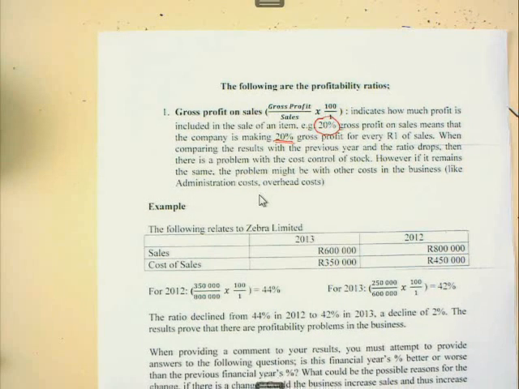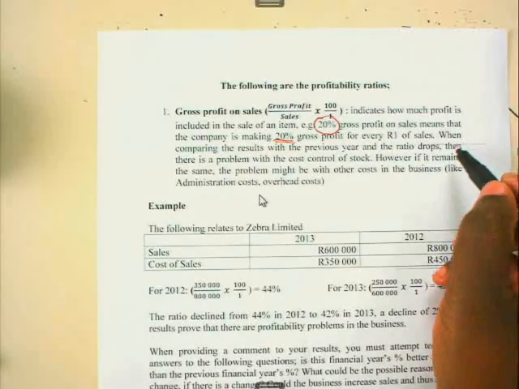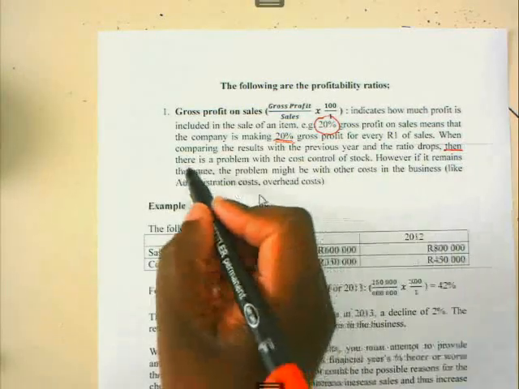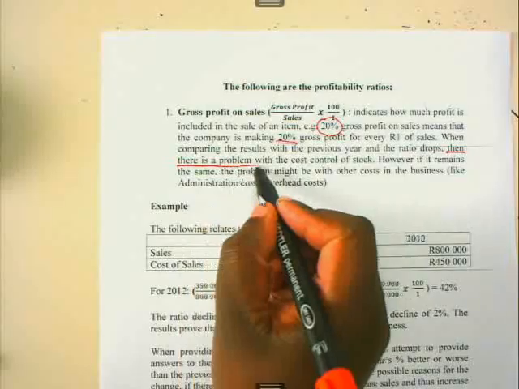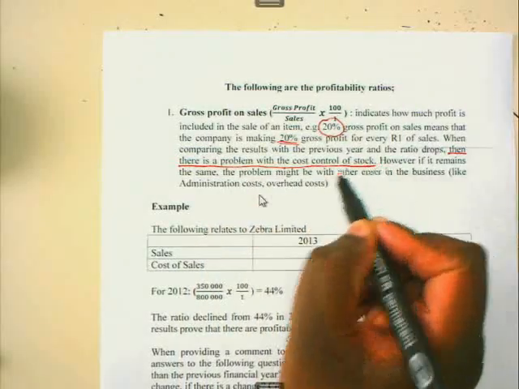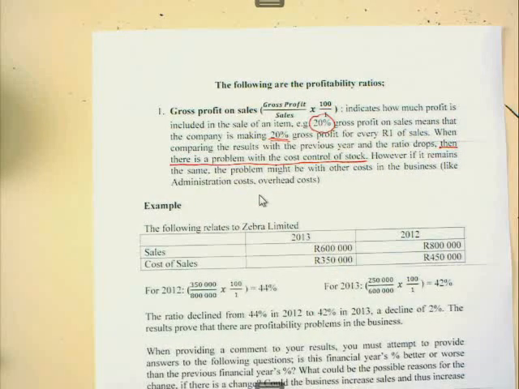When you compare the results with the previous year's results, and the ratio drops, it's very important that you understand this: there might be a problem with the cost control of stock.